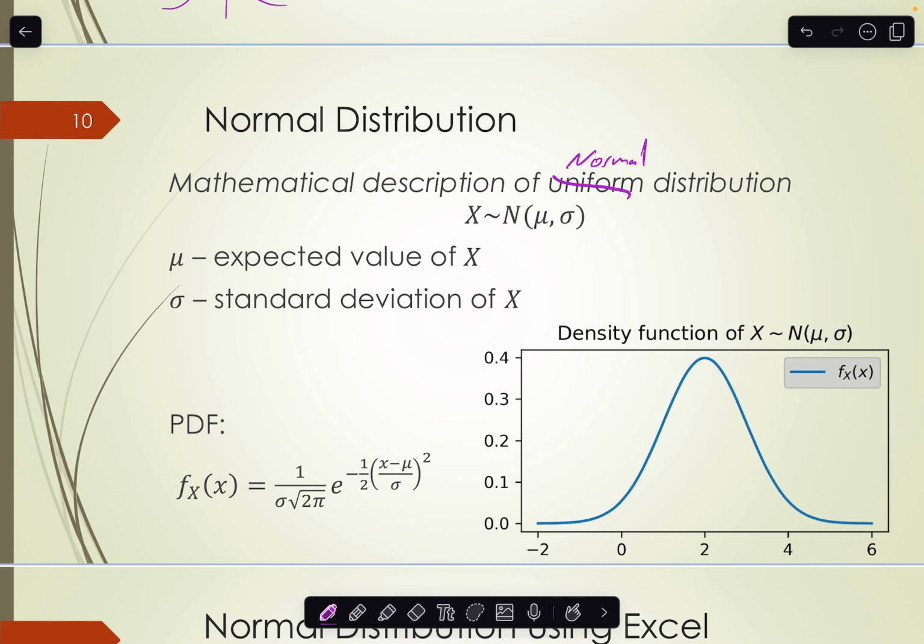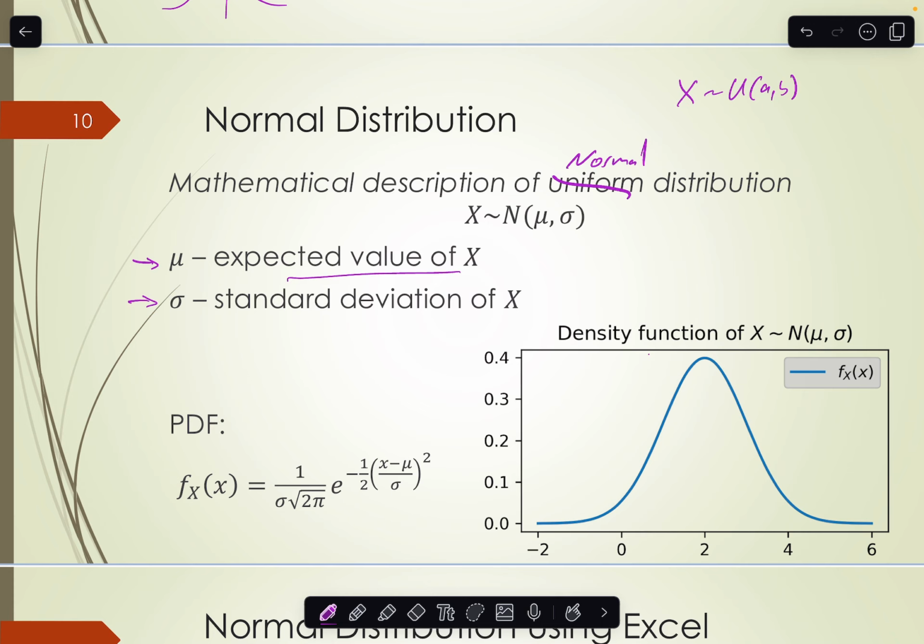The normal distribution has two parameters. The uniform distribution had parameters A and B, and those are arguments that you put in that define the distribution. The normal distribution also has two arguments that define its distribution, and that is the parameter mu, the expected value of x, and sigma, the standard deviation of x.